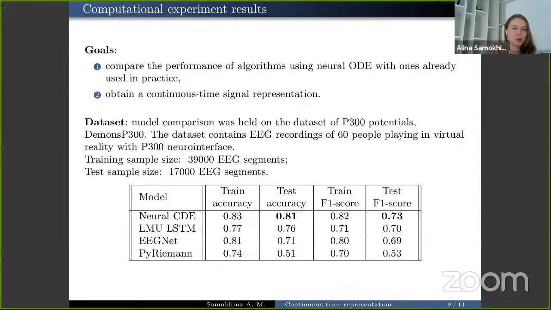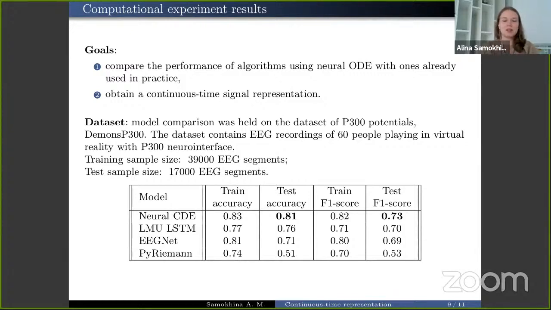A computational experiment was held to see how these models behave in the classification task. We wanted to compare the performance of our algorithms with neural ODE and the ones we used in practice earlier. Also, we want to see if we can really obtain a continuous time signal representation. We use the dataset of P3 potentials, Demons P3.